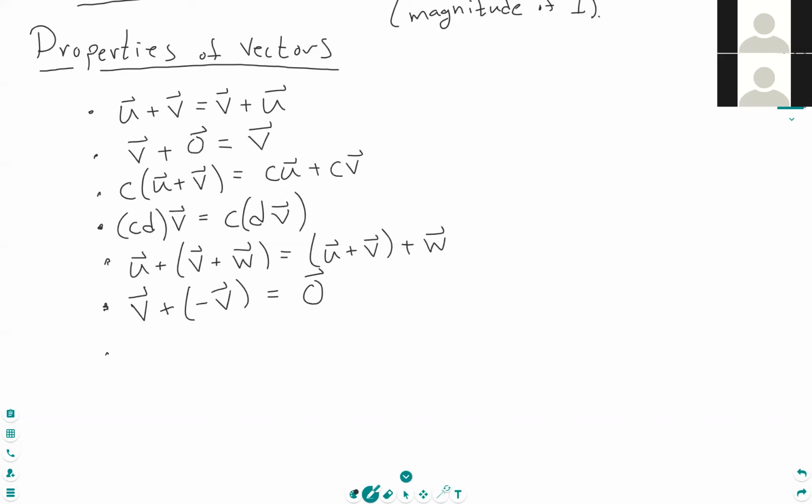If I have a scalar sum, so a constant c plus d, and it is now multiplied on a vector v, I can write this as cv plus dv. And finally, if I have the scalar 1 and I multiply it by my vector, I just get my vector back.